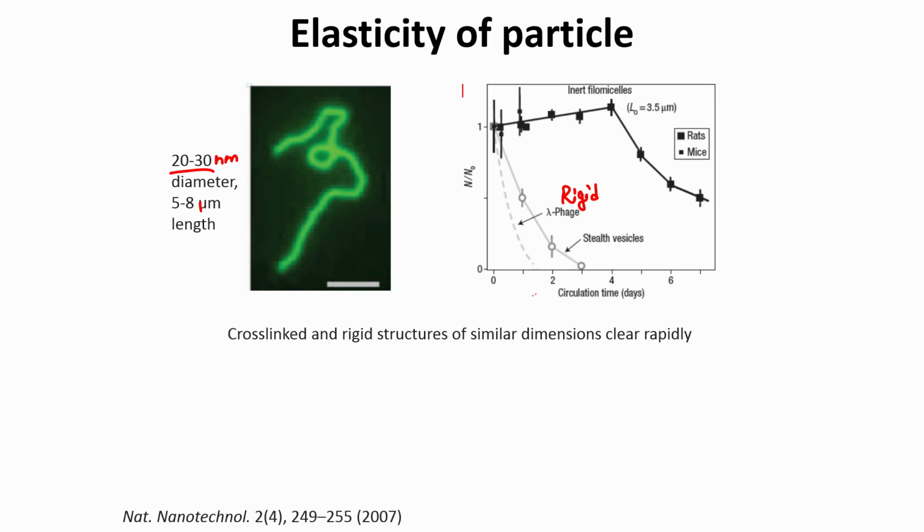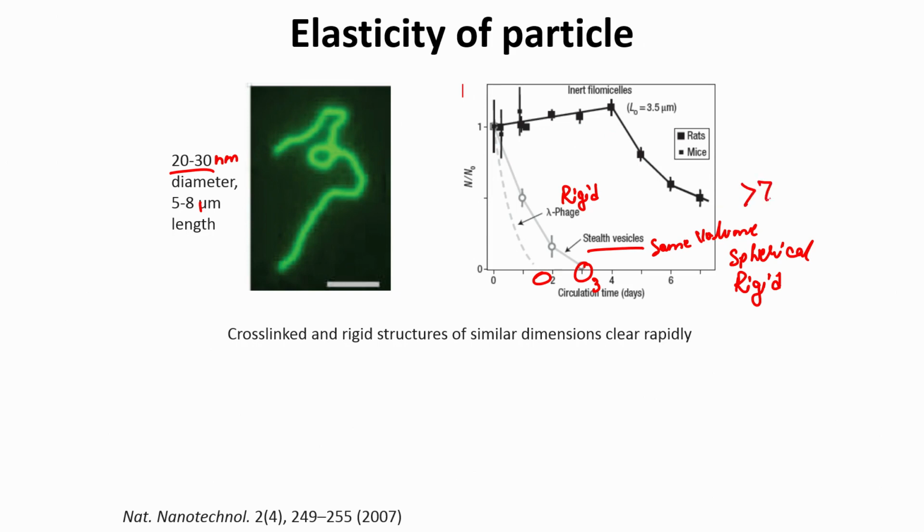that gets cleared out by 2 days, right. So, by 1.5 day this gets completely cleared. If you use stealth vesicles which are of the same volume, but they are spherical and are rigid, you see even then you can maximum get it to 3 days, but when they use these phylomicelles, they have been able to circulate for longer than 7 days.